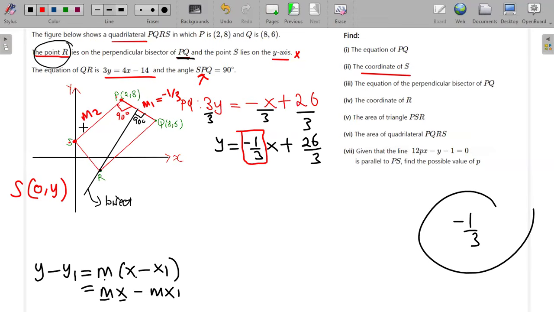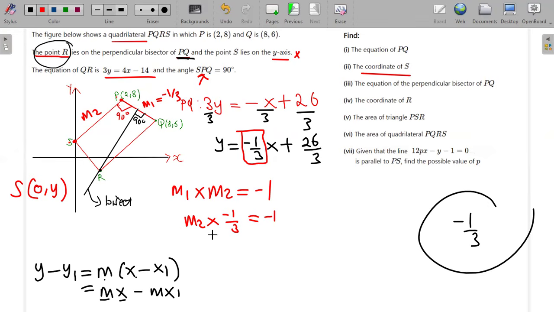So what is the relationship now between the line PS, or I can say SP, with the line PQ? They are perpendicular. So when I multiply m1 with m2, I should get a minus 1. So m2 multiplied by m1, minus 1 over 3, equals minus 1.